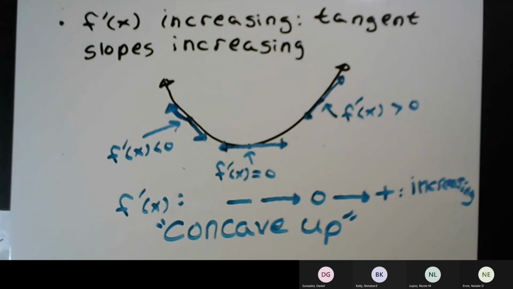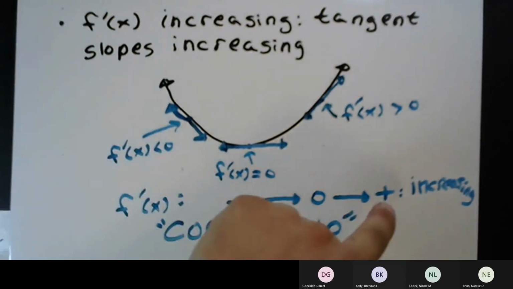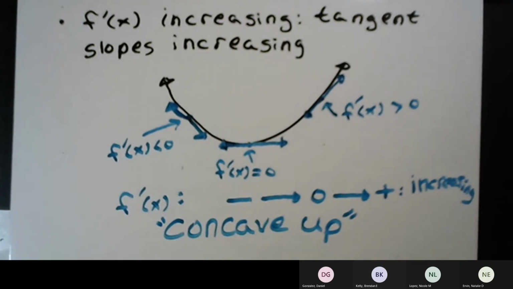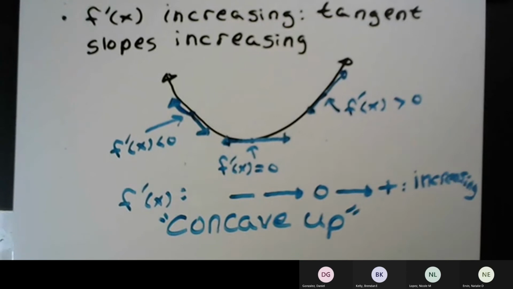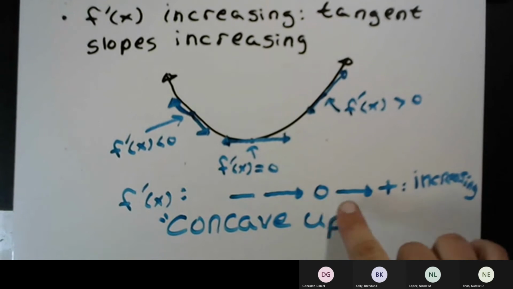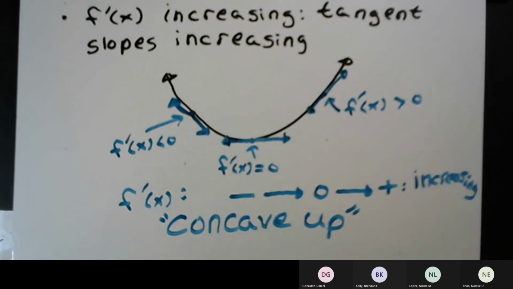That'd be an example of concave up. Now, it doesn't have to go from negative. It just has to be increasing. It can go from 0 to positive. That's okay as well. It doesn't have to be all the way from negative to 0 to positive. But it could go from 0 to positive, or even from slightly positive to very steep. That would be concave up as well.